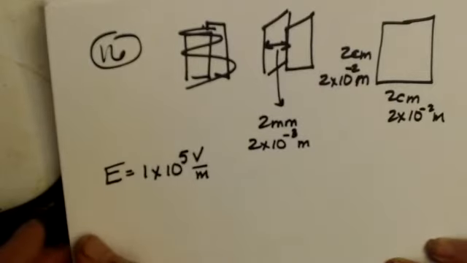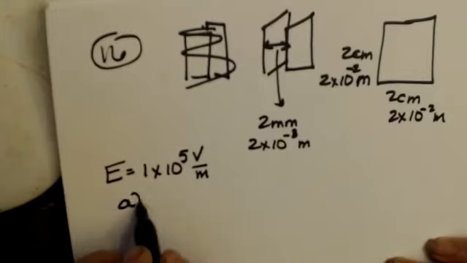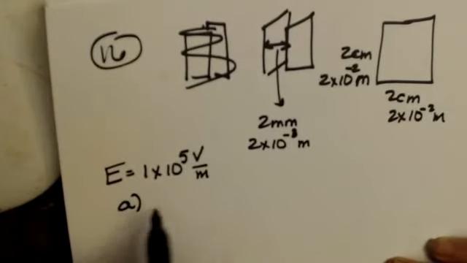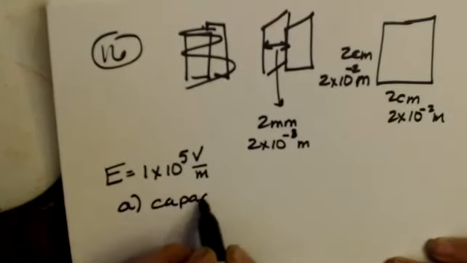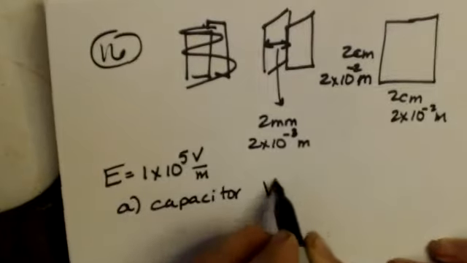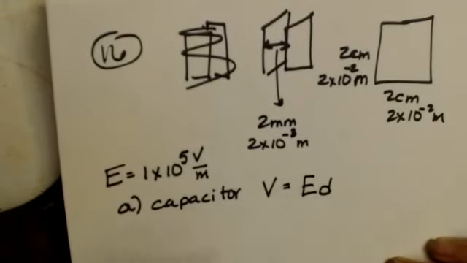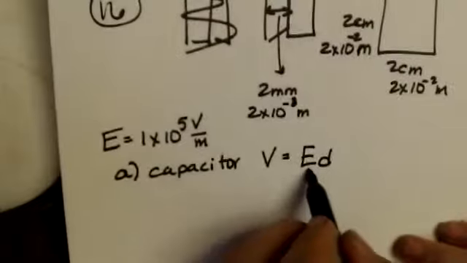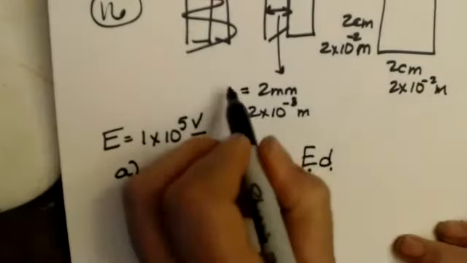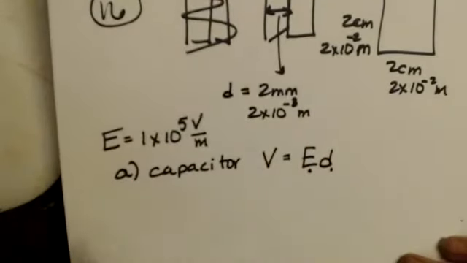It asks, what is the potential difference across the capacitor? There's a simple formula for the capacitor: V is equal to E times D, where E is the electric field and D is the spacing. Very straightforward.